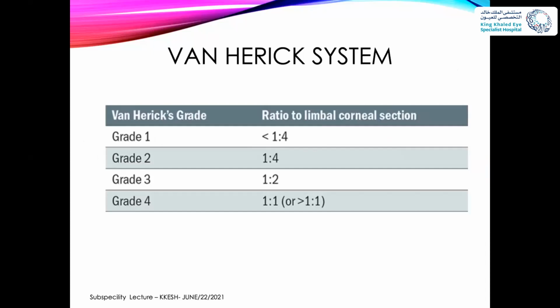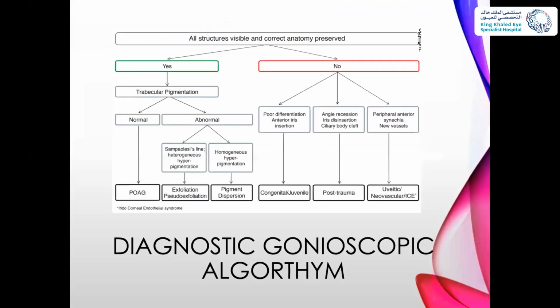Grade 1 is less than 1/4 of the corneal thickness. Grade 2 is almost equal to 1/4. Grade 3 is half the corneal thickness, and grade 4 is similar to the corneal thickness or even beyond that.